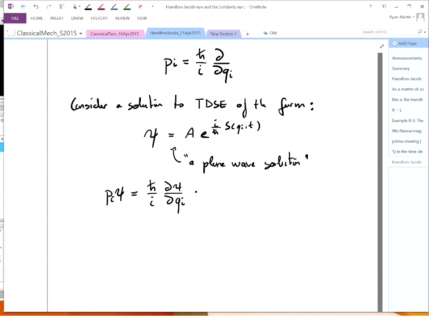So if I do ∂psi/∂q_i, given that specific plane wave solution, you get h bar times psi, because it's an exponential, right?